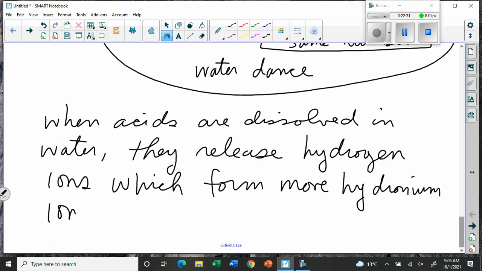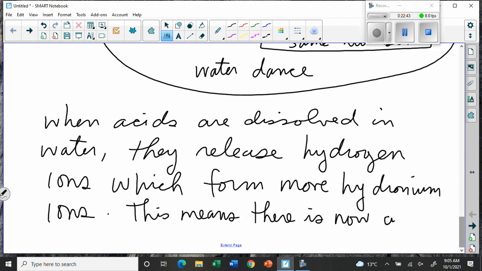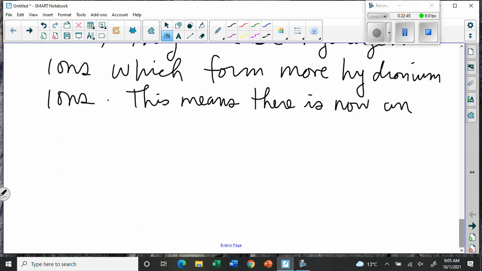They link up with the waters nearby. This means there is now an excess of hydronium ions.